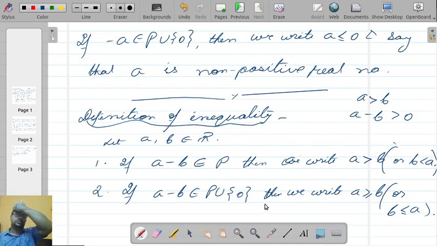Whenever we want to show that A is greater than B, we will actually show A minus B is greater than 0, meaning it belongs to P. Subsequently in our further notations, we will always use A minus B greater than 0 instead of writing A minus B belongs to P. Once we understand the concept, it's okay.